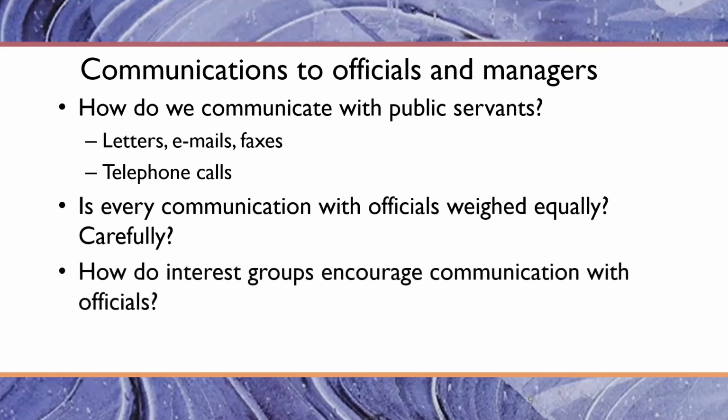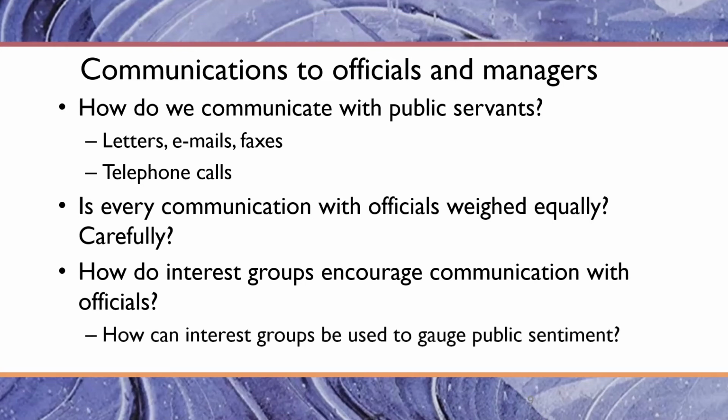So how do interest groups encourage communication with officials? Interest groups are really important in public policy making. And how can interest groups be used to gauge public sentiment? In gross terms, the interest groups can be relied upon to mobilize their members to express their opinions about issues if the issue has an influence on that interest group's agenda or interests.